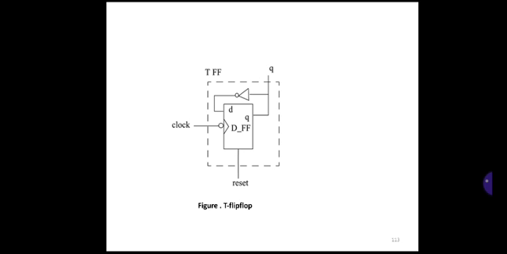Here also we are applying a negative edge triggered clock pulse, the same clock pulse as used in the T flip-flop. The D input comes from the Q output, inverted and applied back to the D input, and we have a reset or clear. So this is the T flip-flop built with one D flip-flop and an inverter.